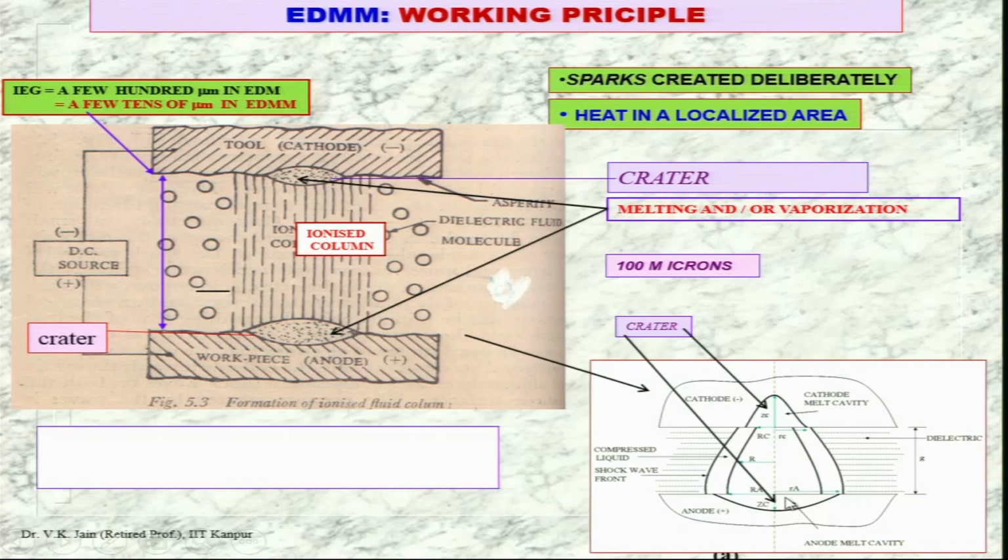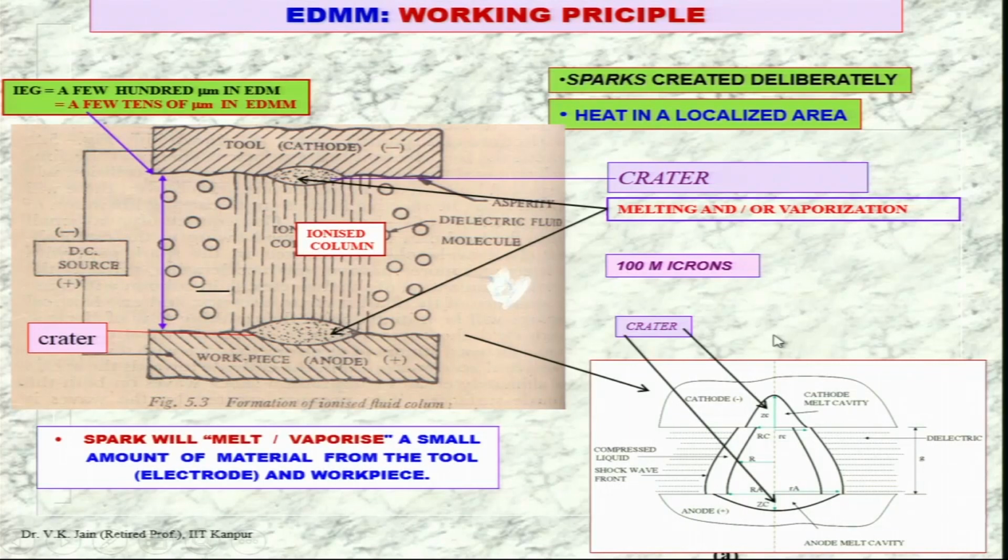These are the craters formed over here and here, and this is again dielectric, and this is the plasma column, and this is the vaporized dielectric. Spark will melt and vaporize a small amount of material from the tool and workpiece both, and both are acting as electrodes.